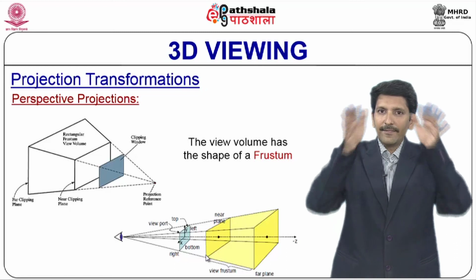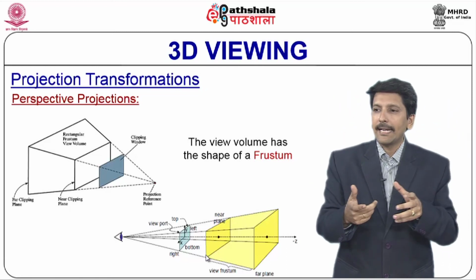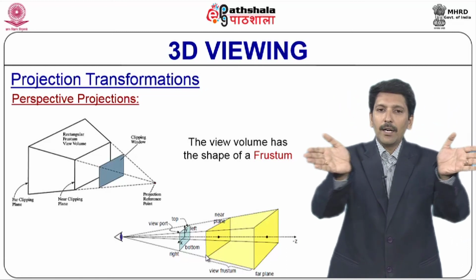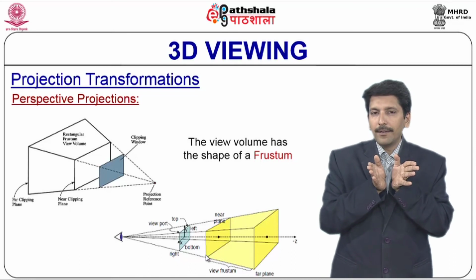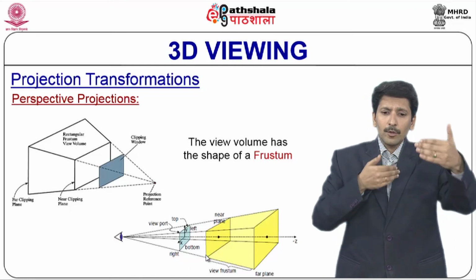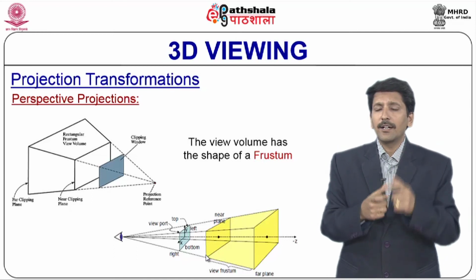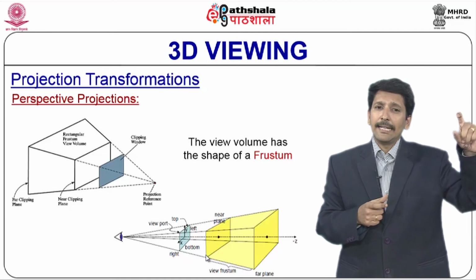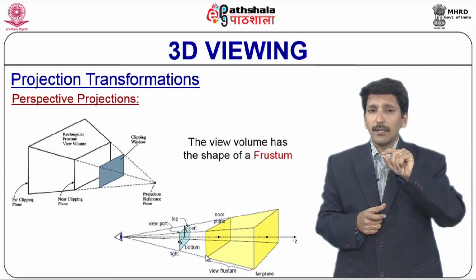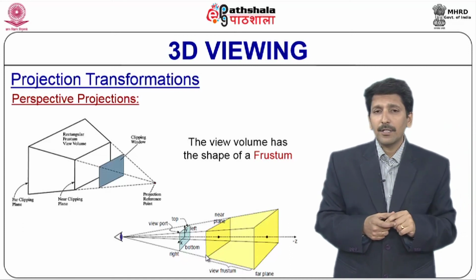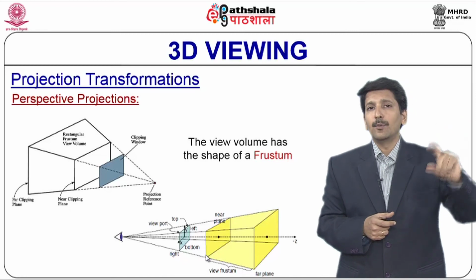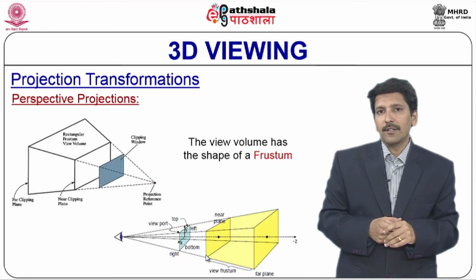Imagine the olden day cameras where the front is wider and the back is narrowed. The effect of such a transformation on the objects is that their size reduces as they move close towards the projection reference point, and increases as we move away from it.